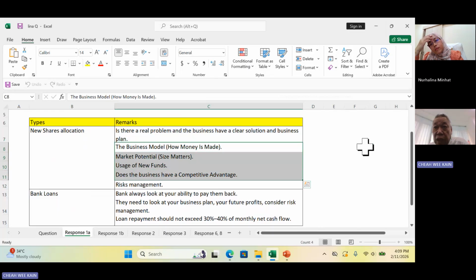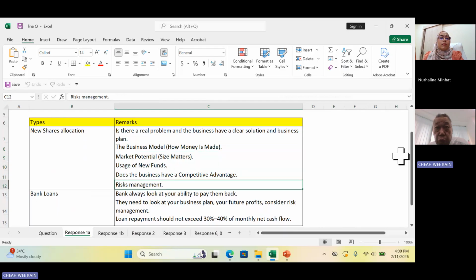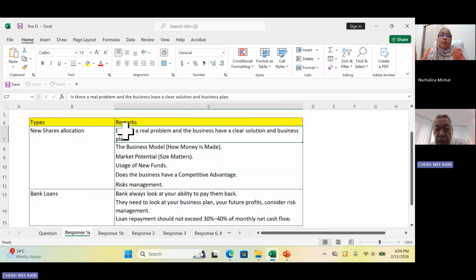If you're going to use the money just to open another clinic, whereby in the new location there's a lot of clinics, maybe they say no. So the investor will be looking at risk management. You need to identify what kind of problem the money is for. Do you have a solution for this problem? And if you have these two, then you can try to make your business plan.